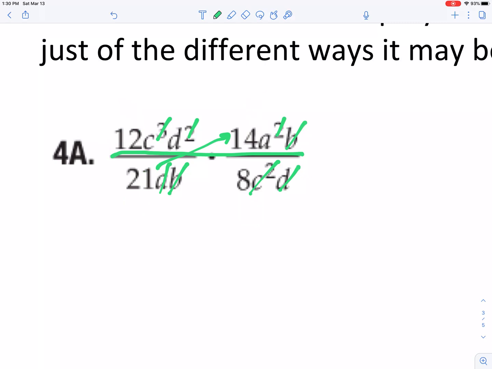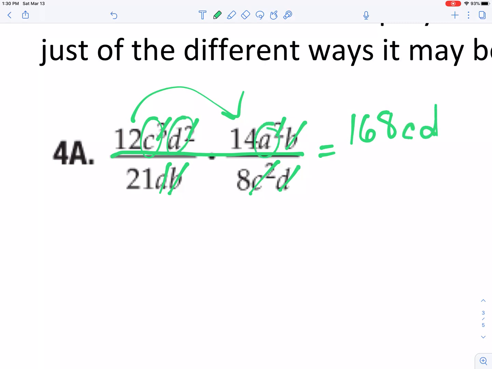Okay, if you can see your numbers that way, go for it. If you have a harder time seeing that, then there's nothing wrong with doing this either. Take 12 times 14, and I'm going to need my calculator here. 12 times 14, which is 168. And then I have a C, a D, and an A left over. Probably should have written the A up front, but I'll get to that.